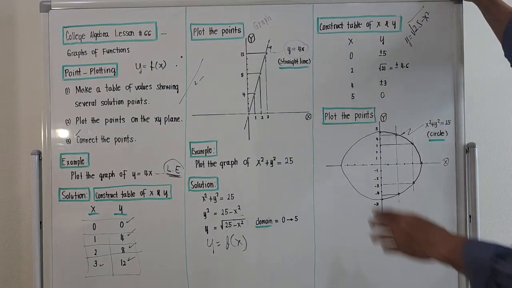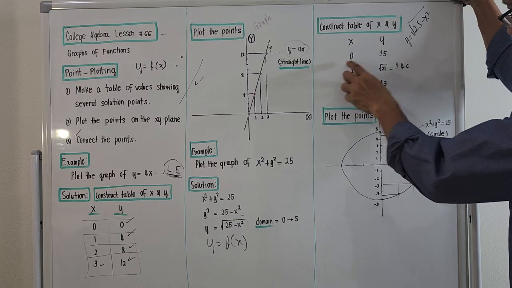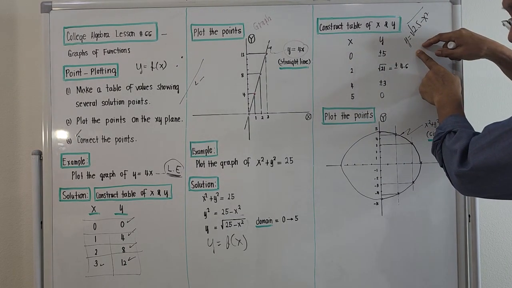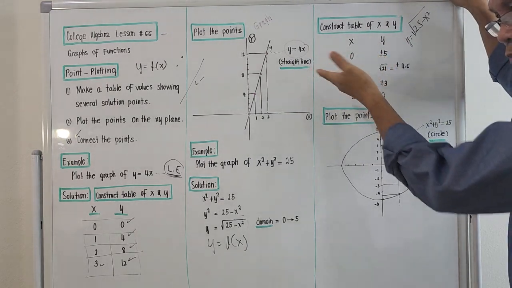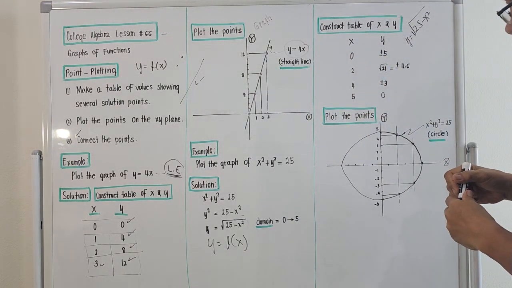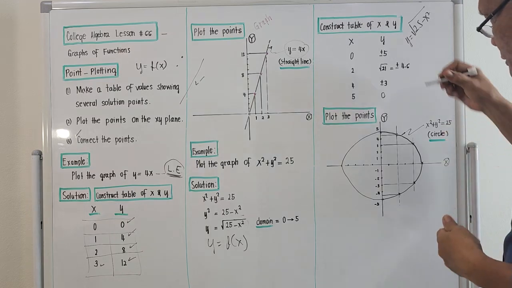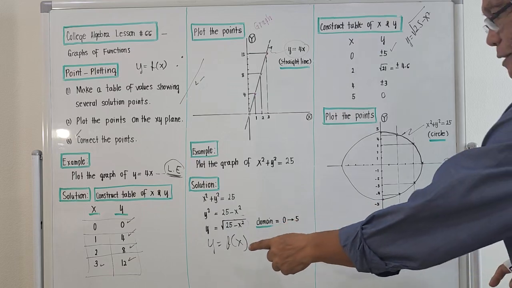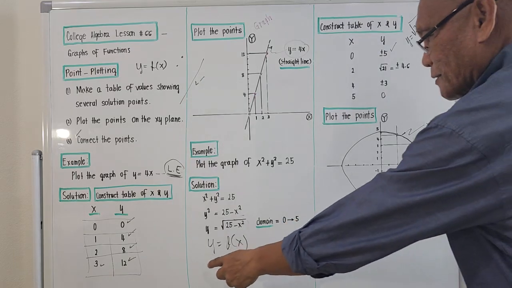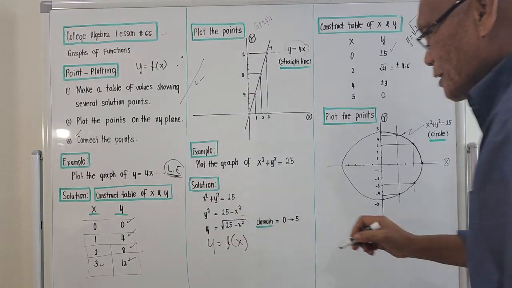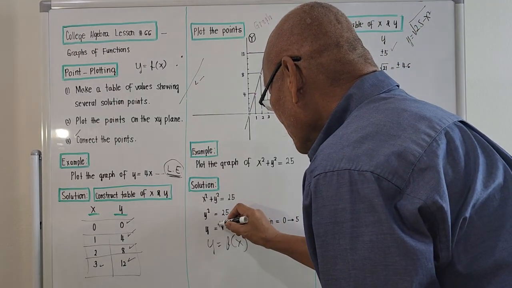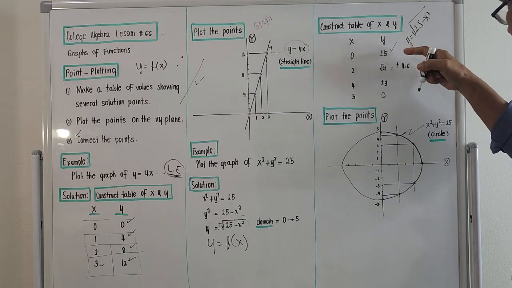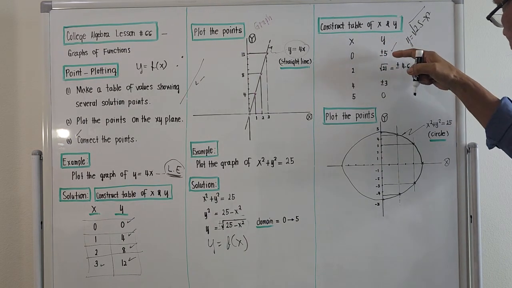So for this equation, when x is 0, y will be the square root of 25. The value of y is plus or minus 5, because y here is under a square root, so the value should be under the sign plus or minus.